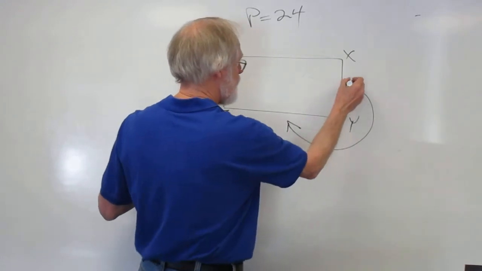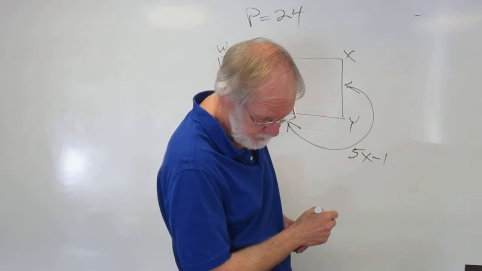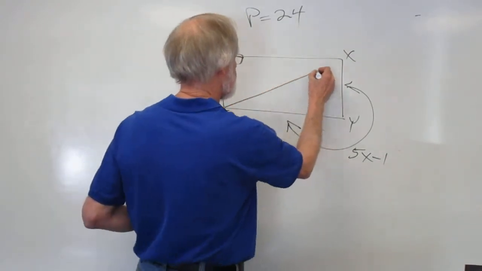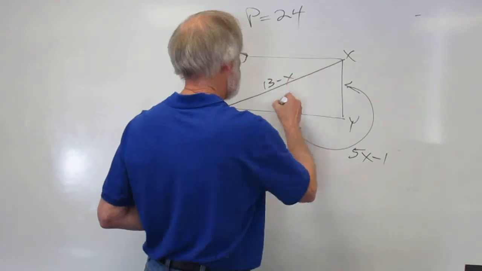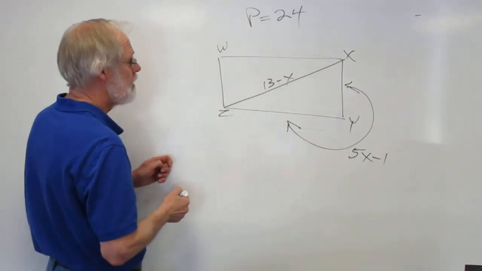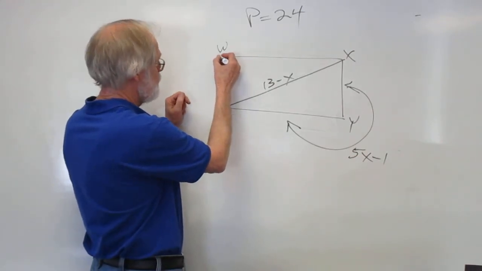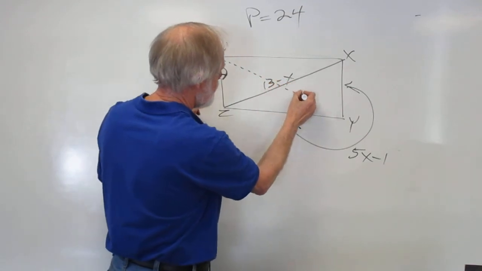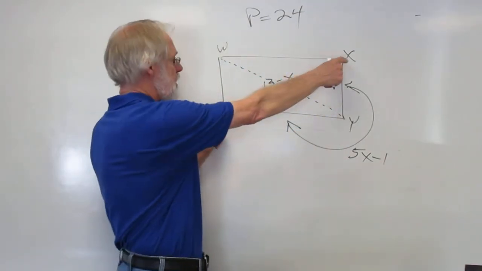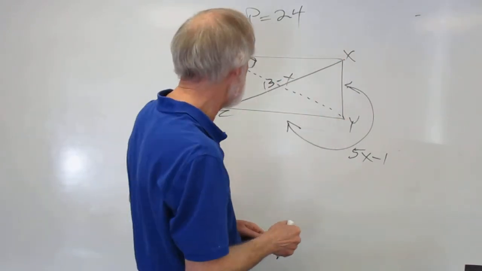So these two sides together are 5x minus 1. And you are also told that XZ is 13 minus x. You are asked to find WY, which is this. Now remember, the diagonals are going to be the same. So we can find x, plug it in here and find XZ, and that will tell us WY because they're going to be the same.